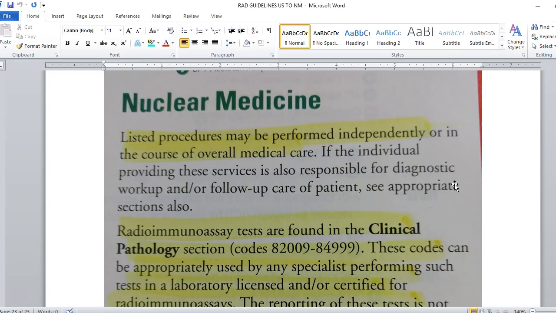The different isotopes attach to different cells. So this is what makes it different. For instance, when it comes to the thyroid, we can inject the patient with a radioactive substance that will show us whether the thyroid is overacting or underacting, because of what the radioactive isotope does for us.